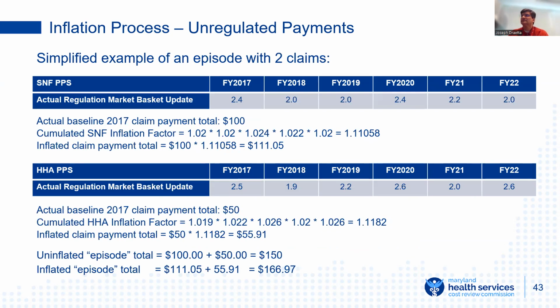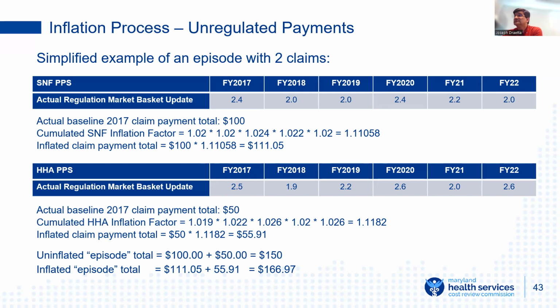So these are some really simple examples using the market basket updates for SNF and home health. And you can see essentially what we're just accruing is this percentage inflation factor that is generally on the order of 2 to 3% per year. It can be as low as 0.25% or as high as 3 or 4%, depending on what happened and what additional adjustments were made. But you can see we just accrue that over the time period from the baseline, which in this case is fiscal 17 inflating to fiscal 22.